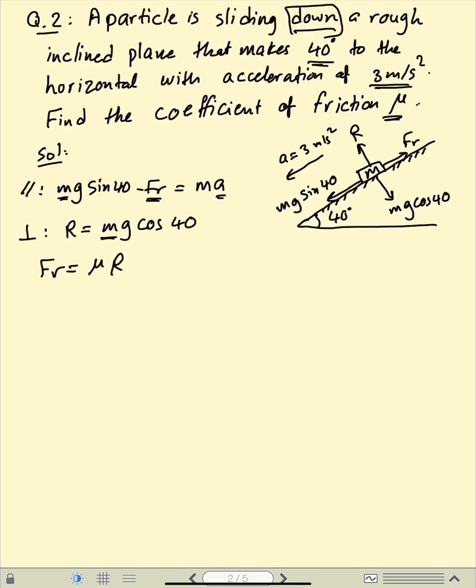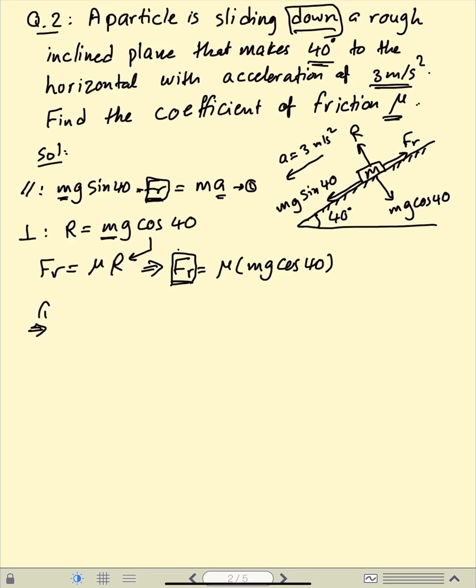So this implies that from mu R here, Fr is equal to mu times mg cosine 40. We substitute this one into here. Let's call this equation number 1.